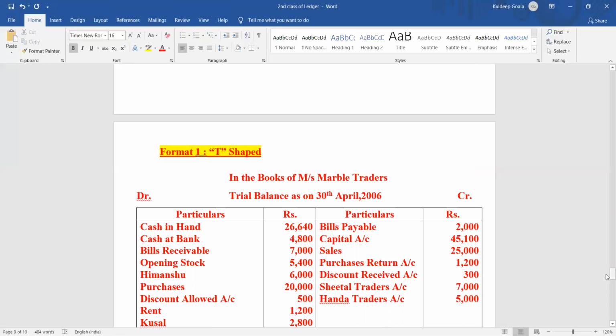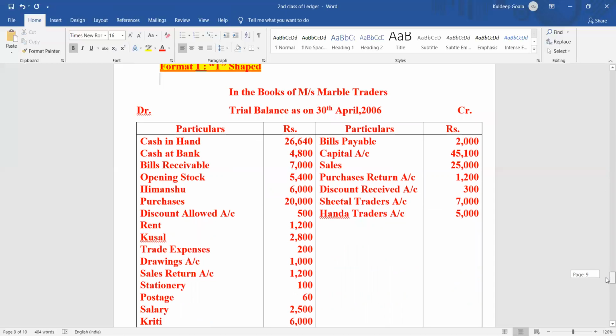In a T shape format, you have to prepare two sides. One is the debit side, and the other one is the credit side. Clear? All the debit items will be written in the debit side along with their amount, and all the credit items will be written in the credit side along with their amount.